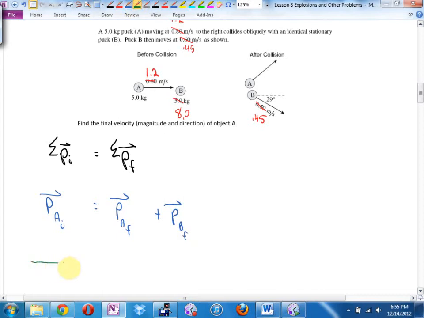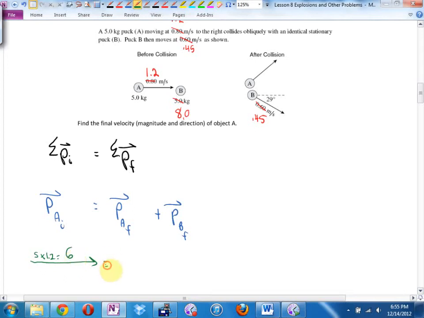It looks like momentum A initial looks like that, and it's going to have a momentum of 1.2 times 5, mass times velocity. I think its momentum ends up being 6 kilogram meters per second.